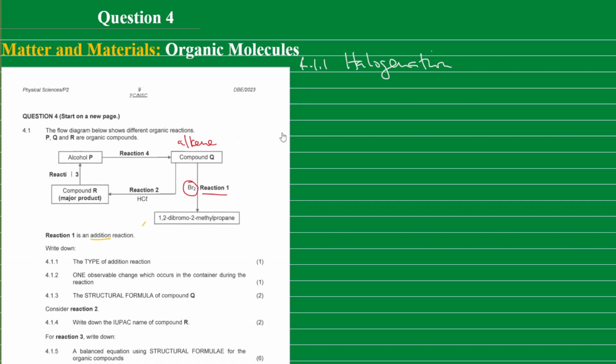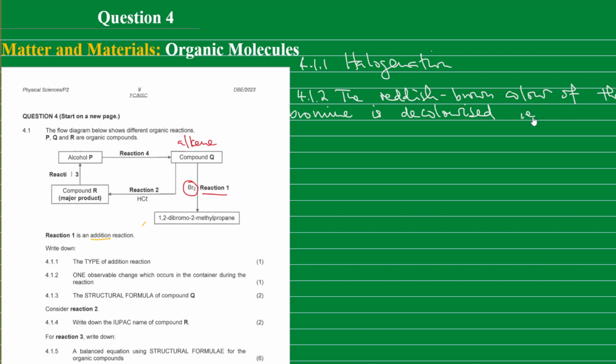So to answer question 4.1.2, we can say that the reddish brown color of the bromine is decolorized.